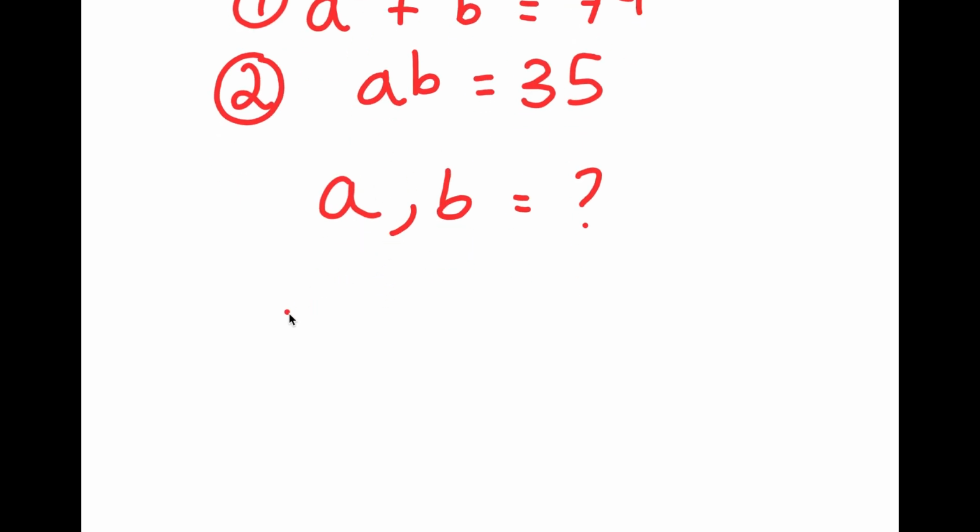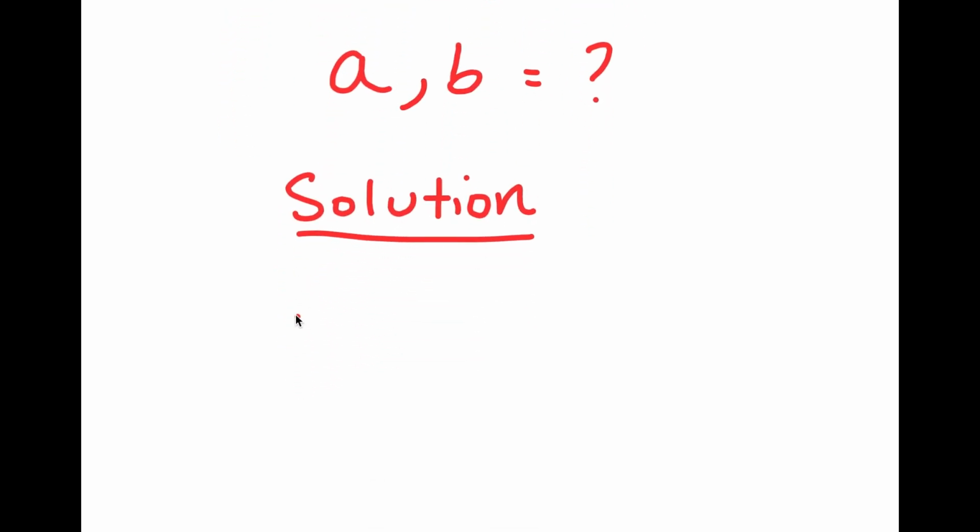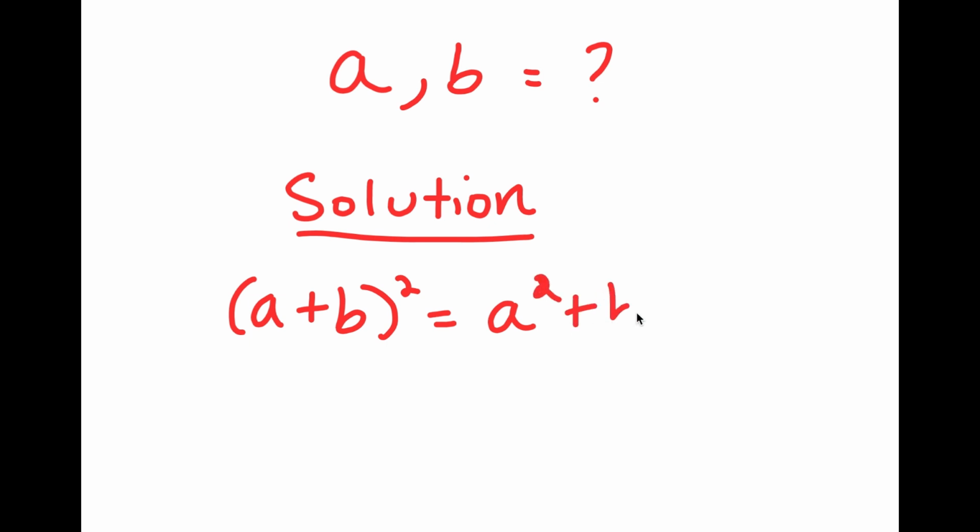Well, for my solution, what I'm first going to do is recall that if I have something in the form (a plus b) squared, this is equal to a squared plus b squared plus 2ab.